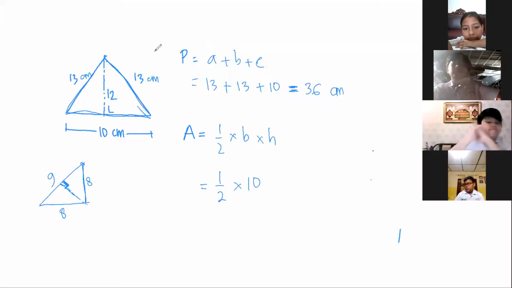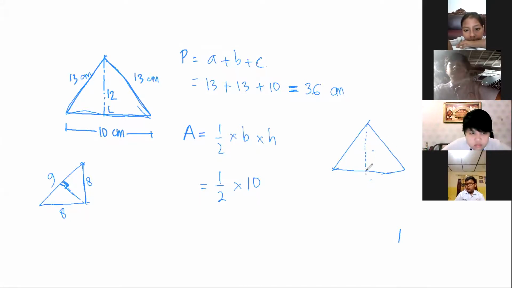Dia itu kalau alas itu yang tegak lurus sama tingginya. Misalnya ini segitiga, ya kan? Tingginya itu yang mana? Yang ini kan? Bukan yang ininya. Kalau ini kan dia mereng. Kalau yang tinggi itu dia yang tegak lurus. Tegak lurus sama siapa? Sama base. Berarti yang base-nya itu yang mana? Yang bawah.